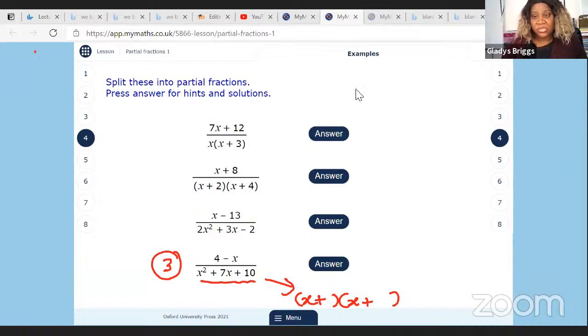Then you put them in. Well done, Naji. Yeah, keep going. Now you know what's on the bottom. Keep going.